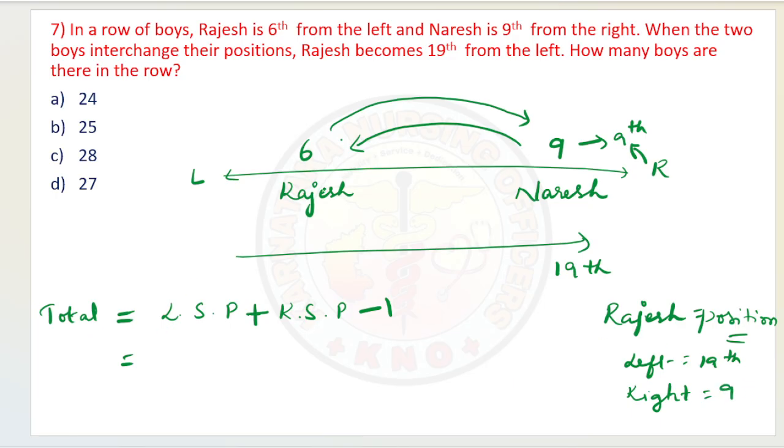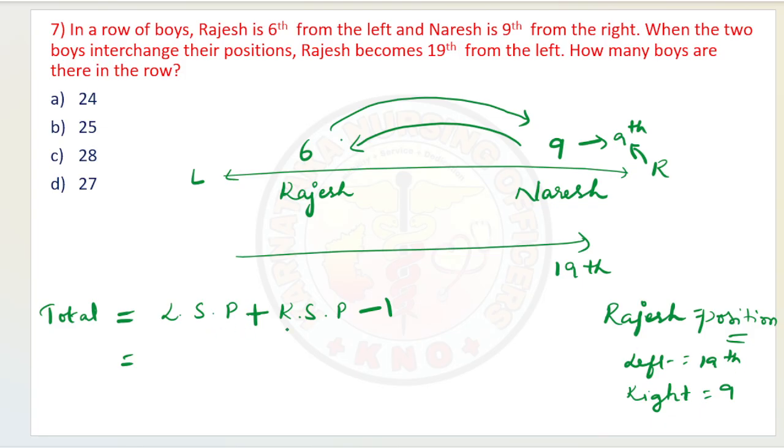Therefore, total. The question is how many boys are there in the row. So the total value is equal to, here we are considering Rajesh's position, because we know from the data that Rajesh's position from the right is 9 and from the left it is 19th.